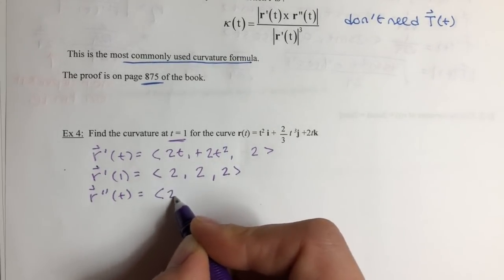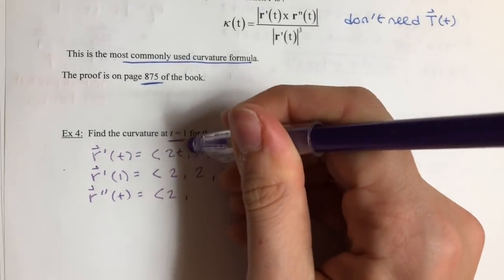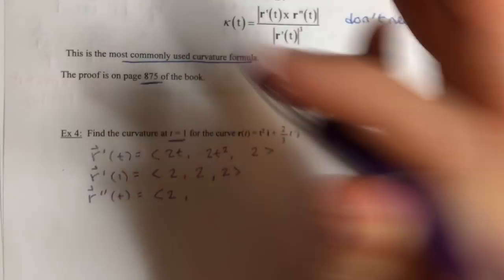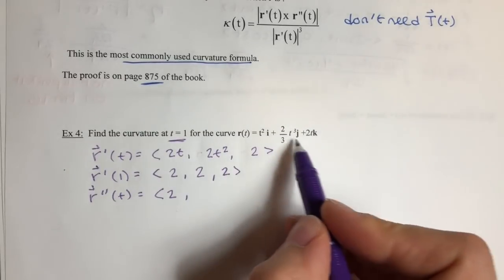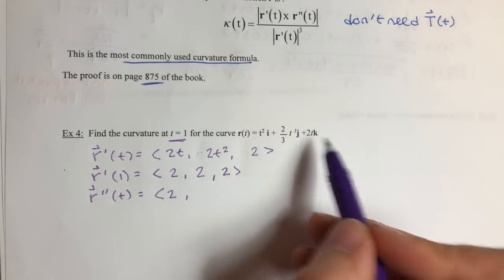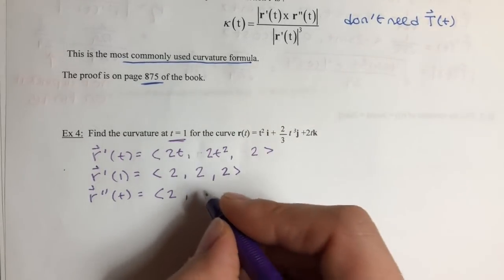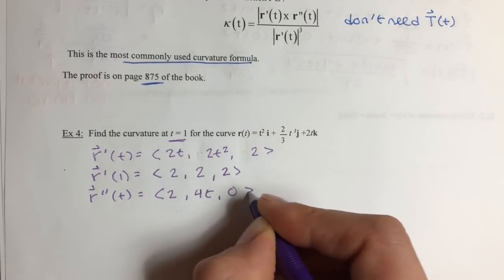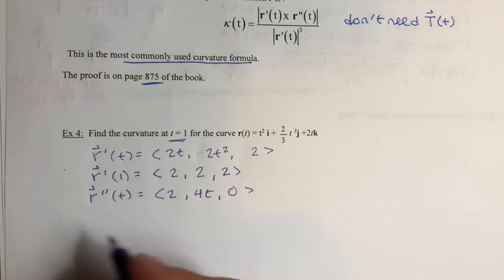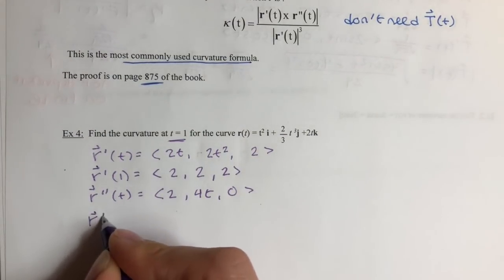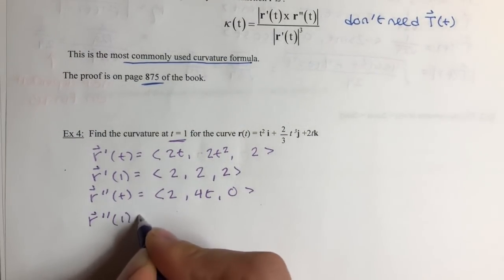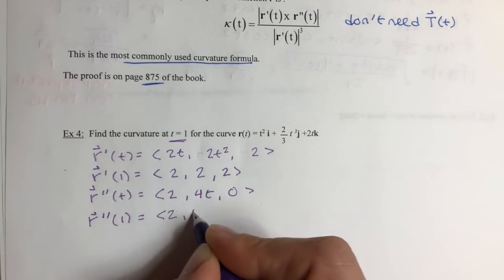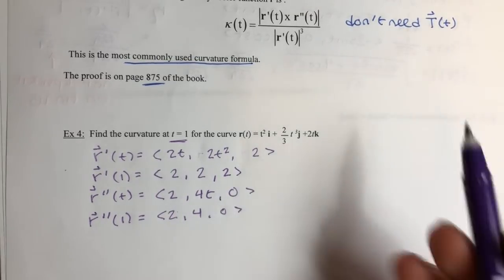Oh man, I see that I've been making a couple of mistakes. Sometimes it gets confusing going from writing it as a linear combination to a vector form. So make sure you just choose one and try to be consistent. Okay, 2, 4t, and 0. That means that the second derivative of the vector function evaluated at 1 will be 2, 4, 0.